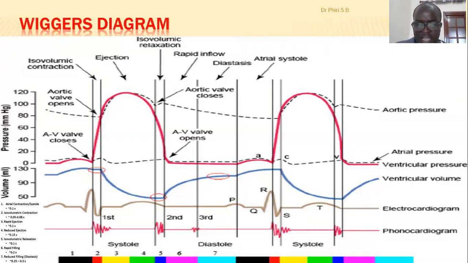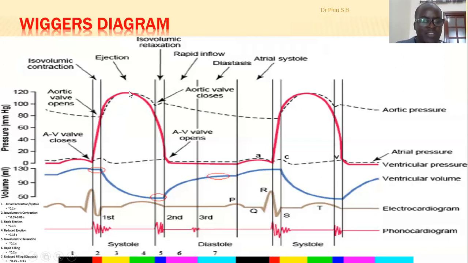So you can see that the aortic pressure is also increasing after the opening of the aortic valve, or the semilunar valve. There is an increase in the aortic pressure as well, and that is taking place within the rapid ejection phase.